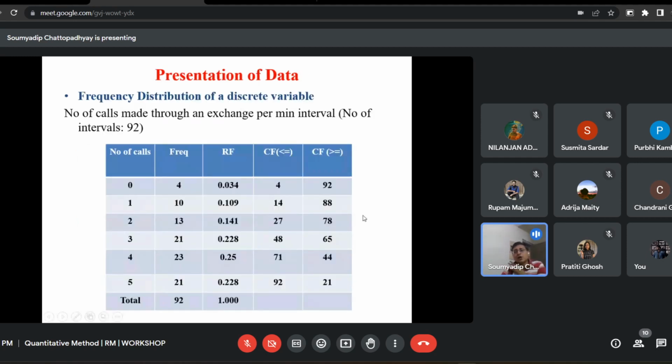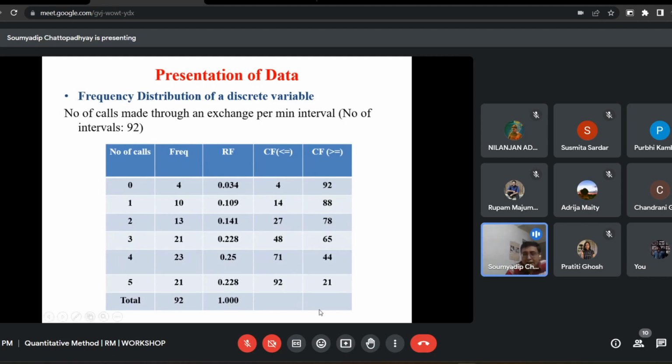Suppose you are considering this particular figure 14. What does it imply? It implies that there are 14 such intervals in which one or less number of calls are made. Remember there are 92 one minute intervals that we are studying. So 14 implies that out of 92, there are 14 such one minute intervals in which one or less calls are made.